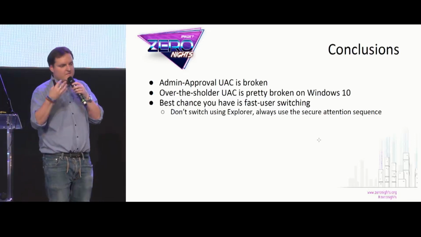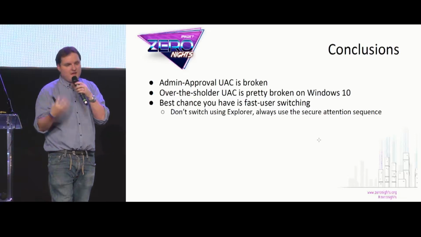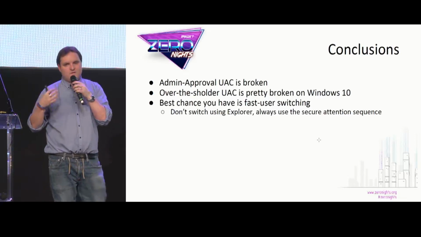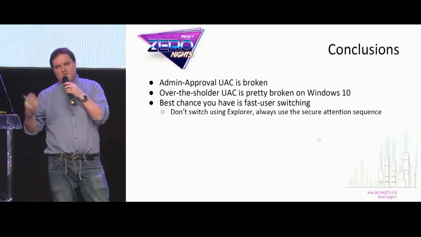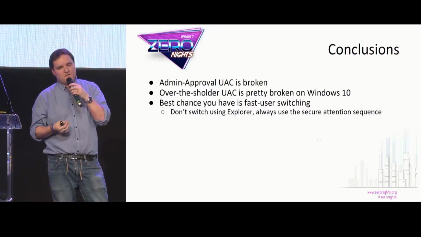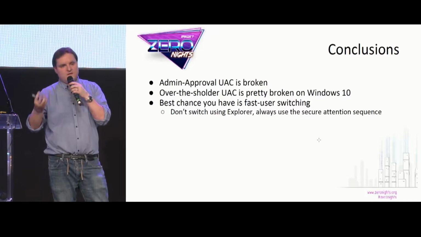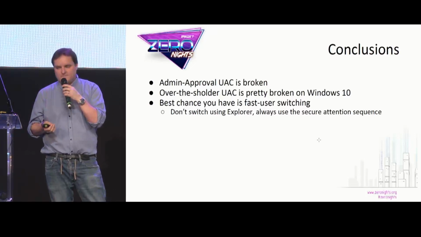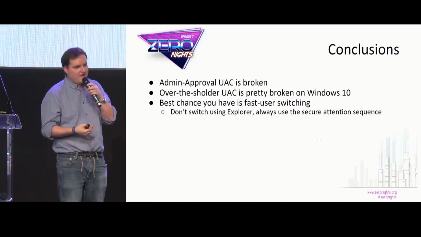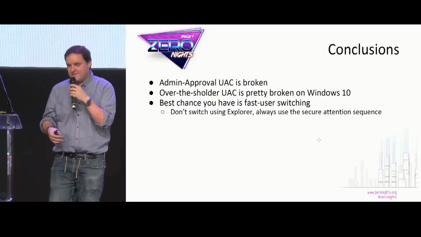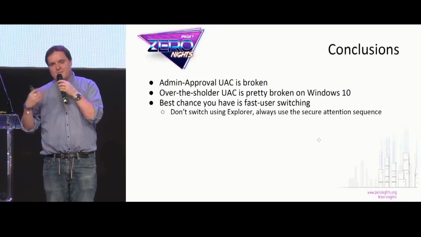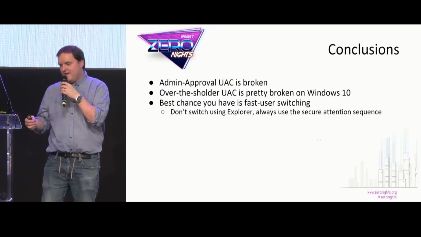And because of actual changes in behavior of Windows, which weren't obviously security issues, you can still bypass over-the-shoulder UAC using the default behavior in Windows 10. So yes, if you have to use Windows securely, I would recommend fast user switching, but don't hold me to that because that probably has other problems, right?